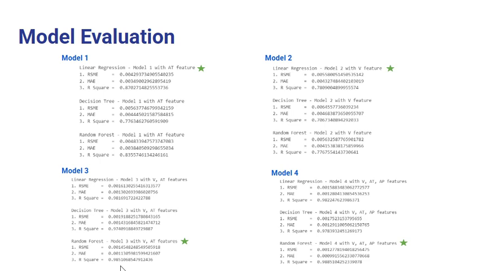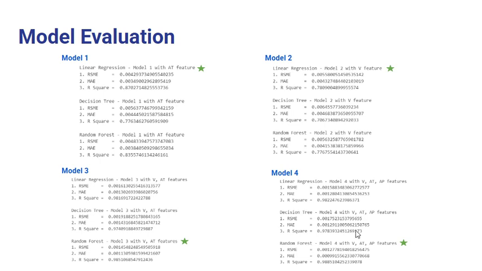The R square value is 98%, and MAE and RMSE are pretty good compared to what we see in linear regression and decision tree. And when we have considered all these three features, that is V, AT, and AP, we can clearly see again that the random forest has performed very well, where the R square is 98%, and MAE and RMSE are comparatively better than RMSE, MAE in decision tree and linear regression.